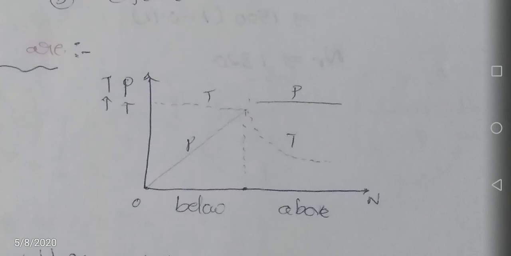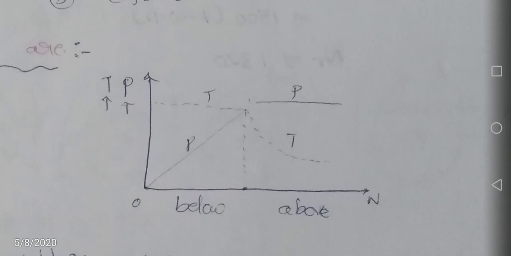At below rated speed, speed is proportional to power, because power equal to torque into angular velocity, so speed is proportional to P by T.